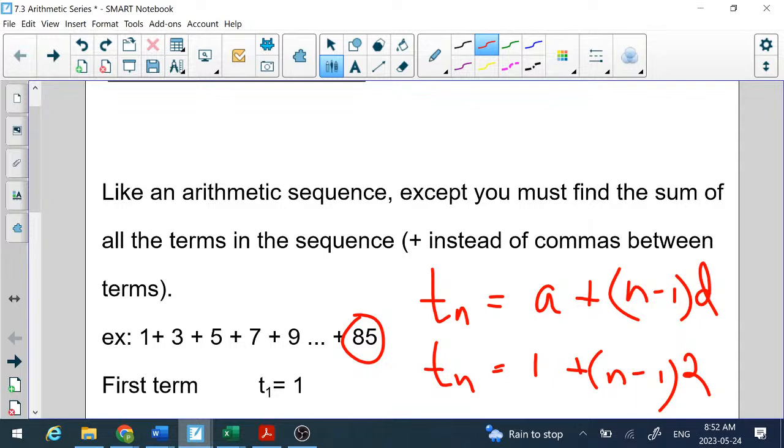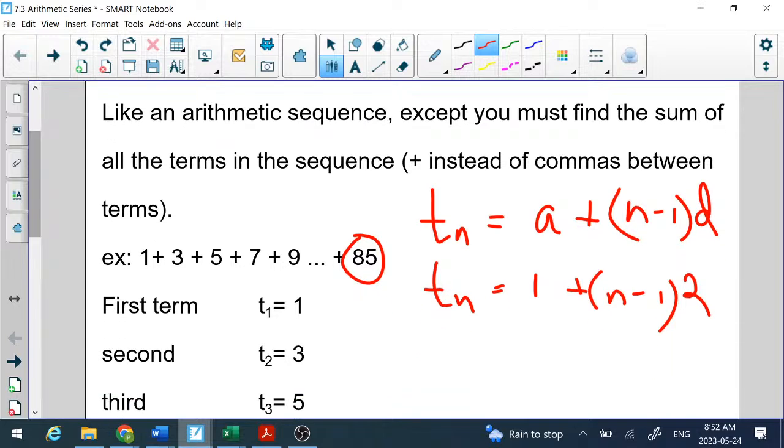We're trying to find n. Tn is the last term. So why don't we replace Tn with 85? How many unknowns will we have after that? Exactly. So we'll be able to solve for it. So this is 85. And then we have 1. And then I'm going to write this as 2n minus 2. Do you see what I did there?